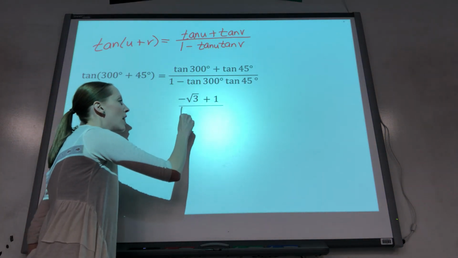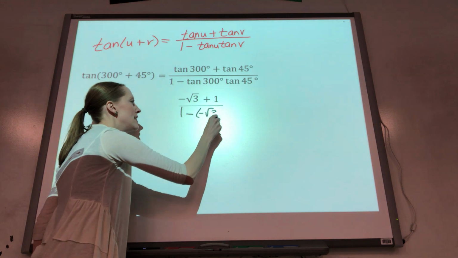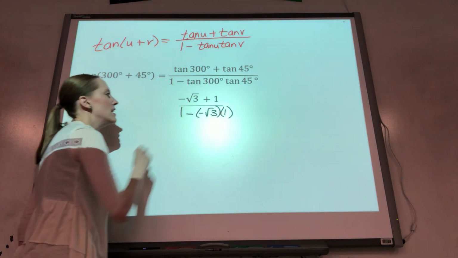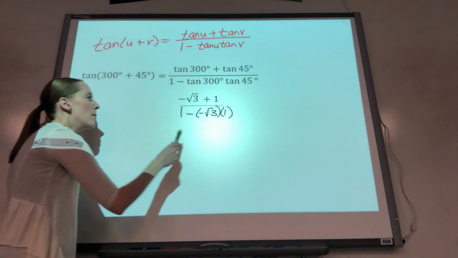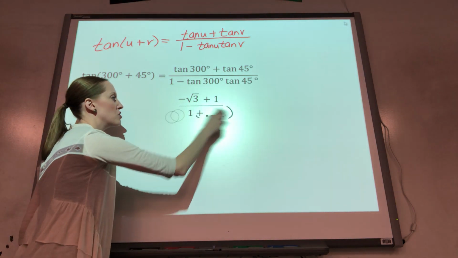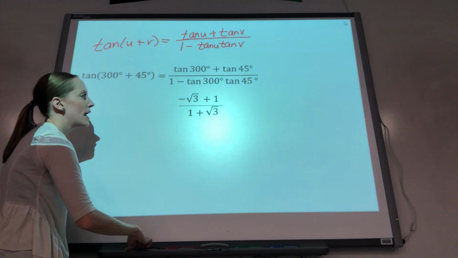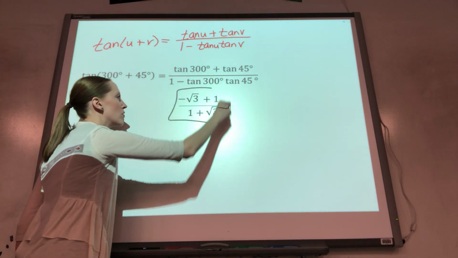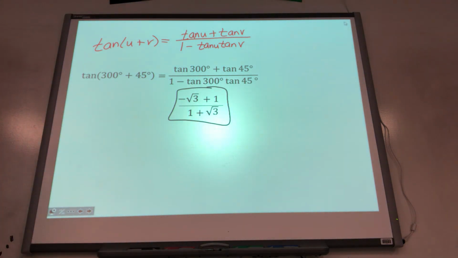It was 1 minus negative radical 3 times 1. But again, those two minus signs there should just turn it into a plus. So 1 plus radical 3 on bottom. The answers for tangent always look a little weird.